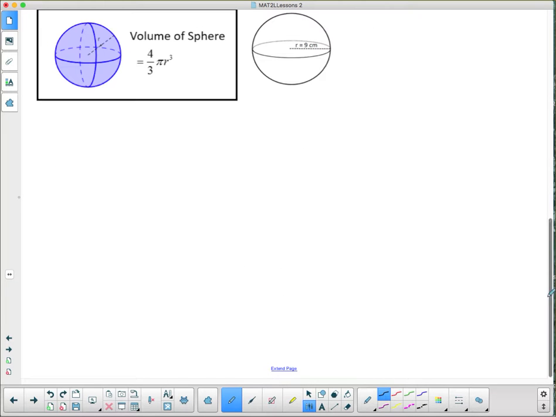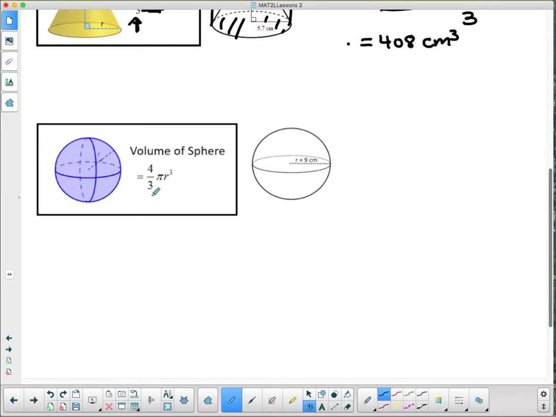Now we're going to go to the sphere. A sphere has this funny volume here. It's not quite related to anything that we've seen before. It's 4/3 pi r cubed. And the way we're going to type that into the calculator, we're going to go 4 times pi, times r cubed, which means r times r times r. And then when we're done, we're going to deal with this 3 on the bottom here.